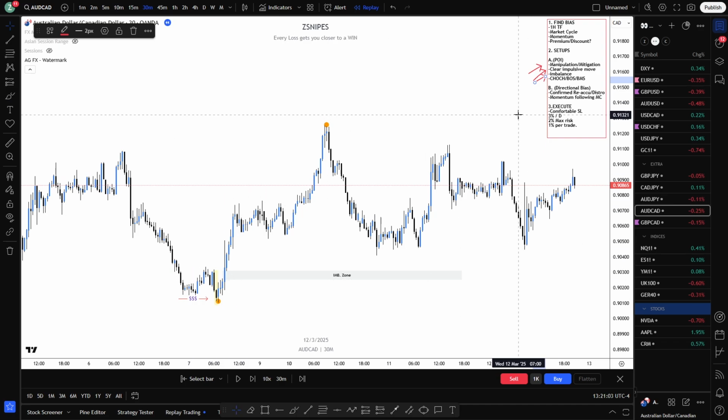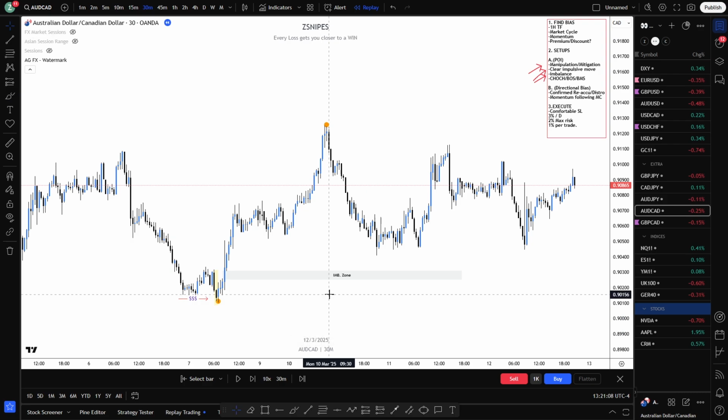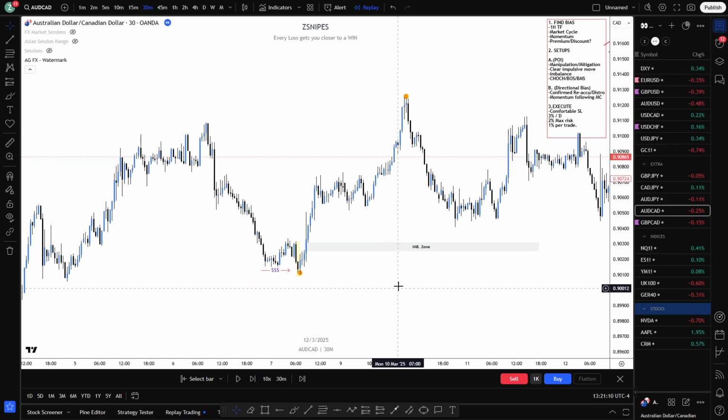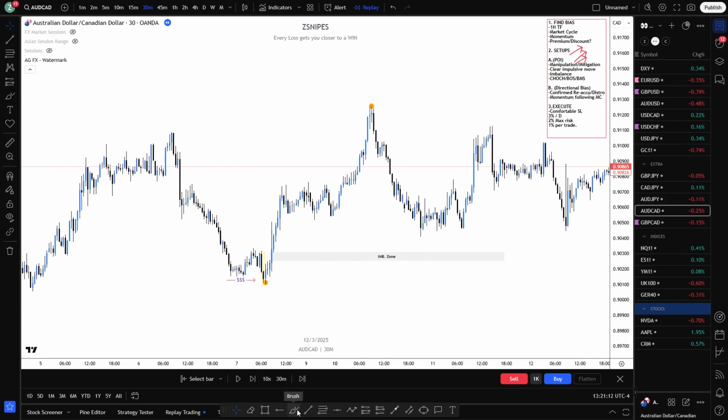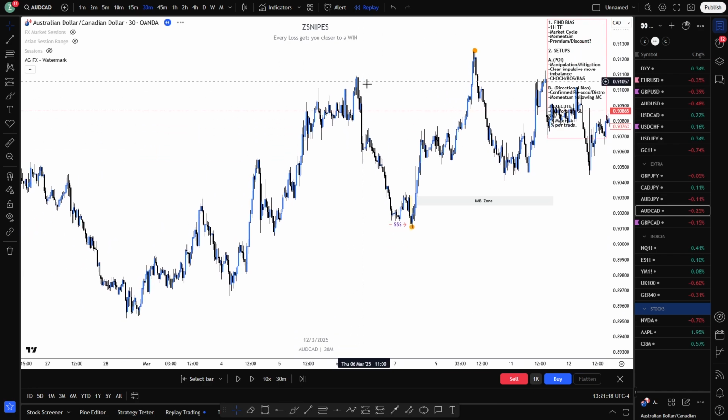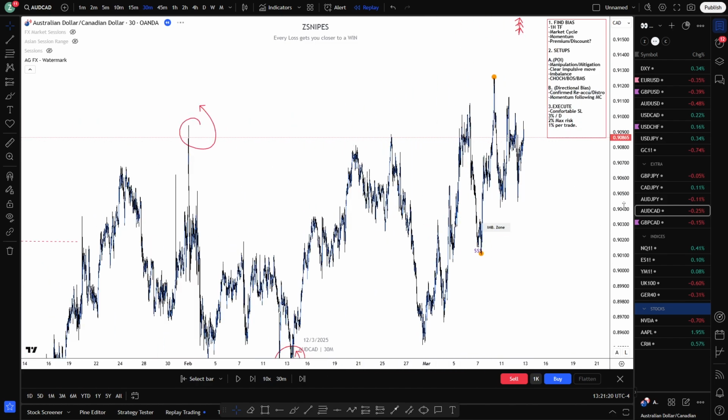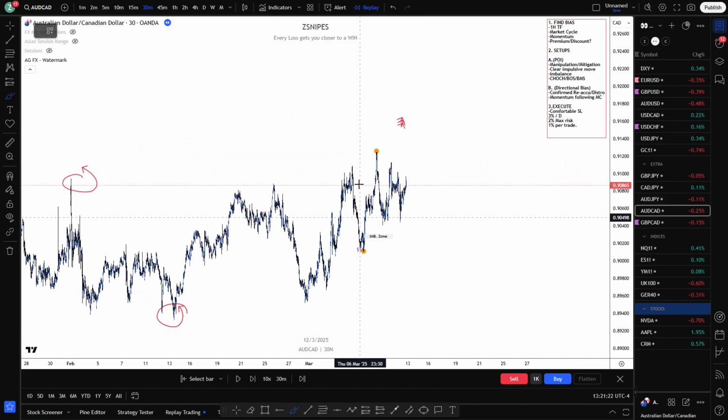The last thing and the most important thing is we need to break external structure. And when I say external structure, because I know some of you guys look at structure differently, this is why I showed you guys the way I look at structure. Because guys, if this high, when we were looking at our structure, if this high here led to this low, that means this area here where this manipulation happens needs to break a high.